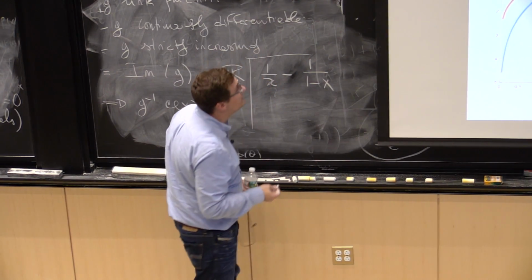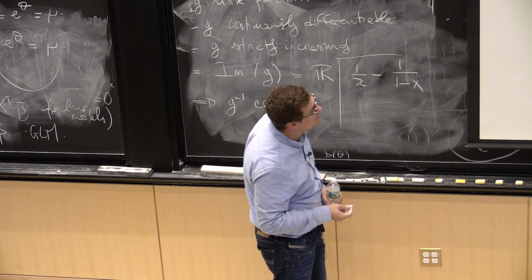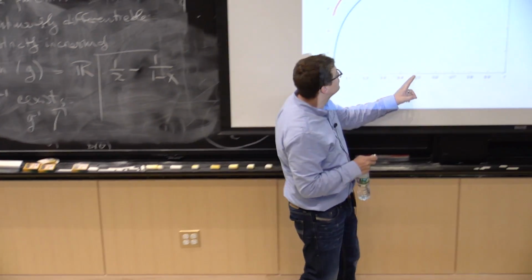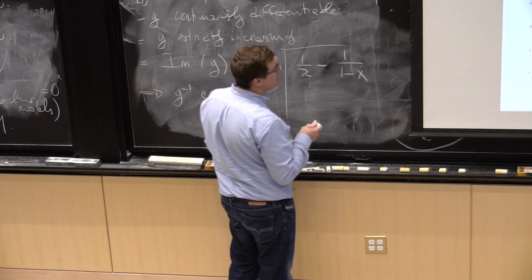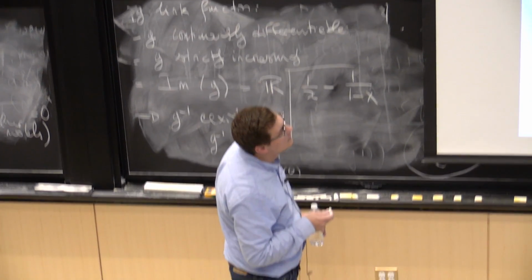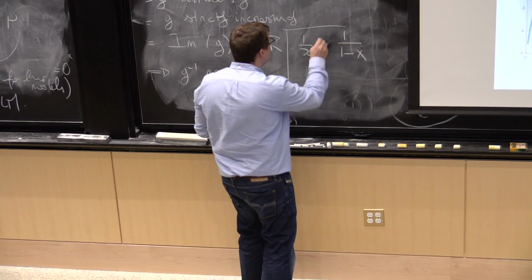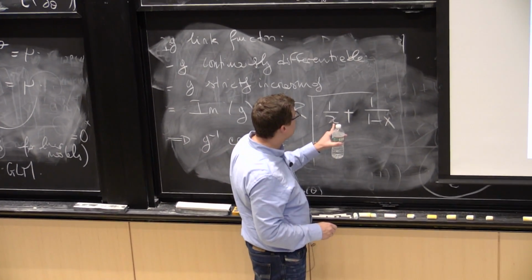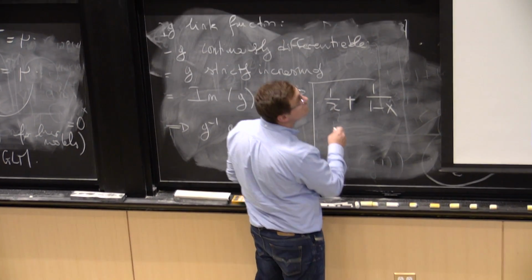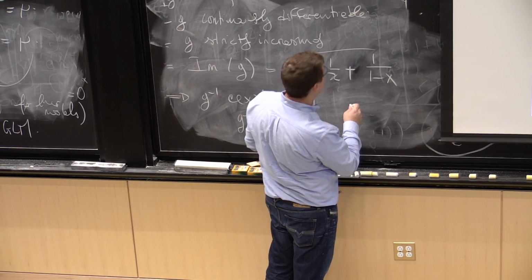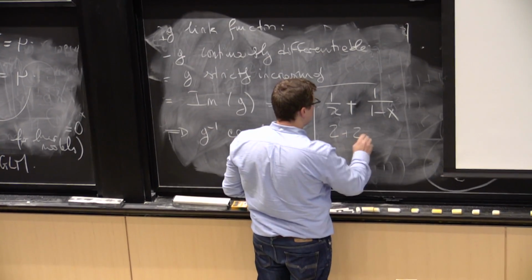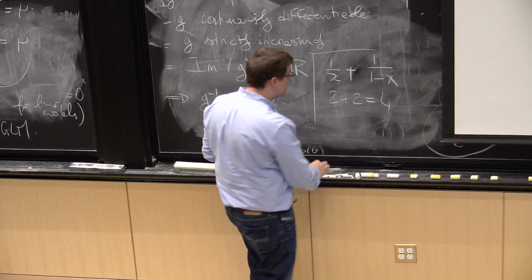This is the interval 0, 1, so I'm interested in the slope at 0.5. At 0.5, what I get is 2 plus 2. That's the slope that we get.